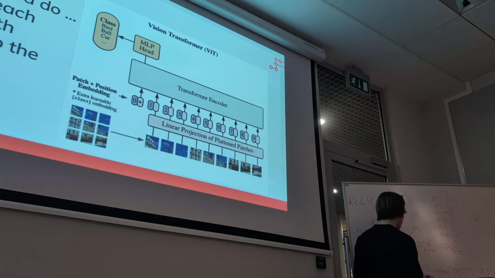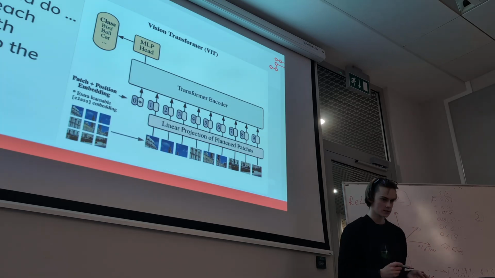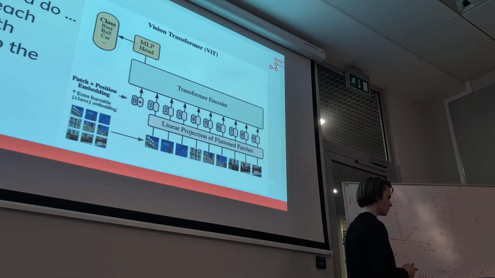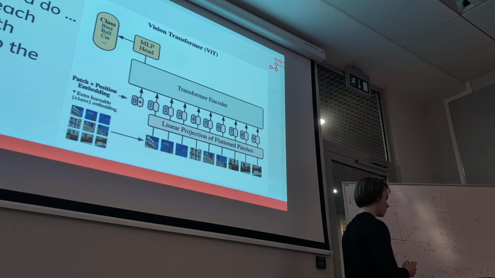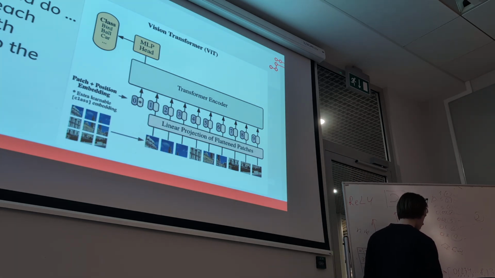But we might also have something like 8 by 8, that would be 64 times 3, that would be 196, for example. I guess that's right.